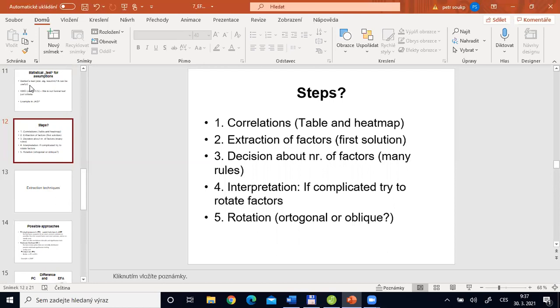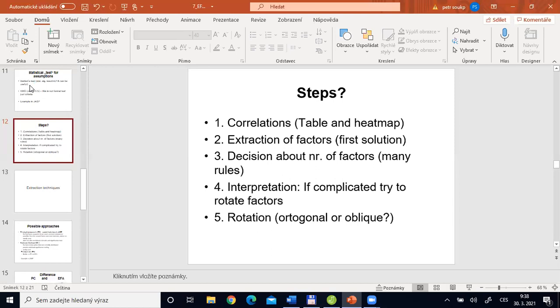And then we would perform the so-called first solution. We would extract factors, and we would decide about the number of factors. Then we would try to interpret results, and usually the results from the first solution are not the best for interpretation, so we would decide about the next step, which is called rotation.